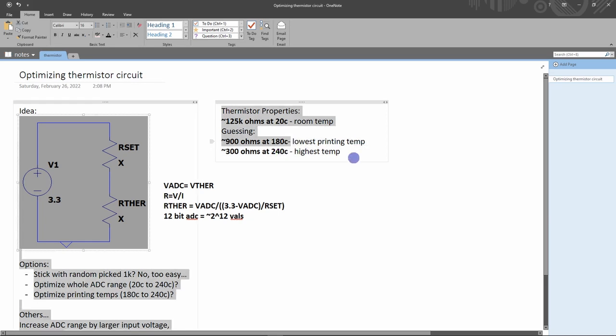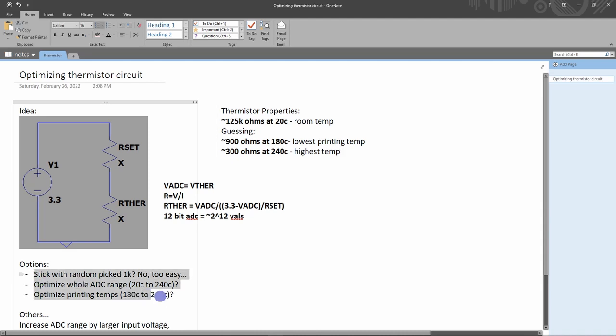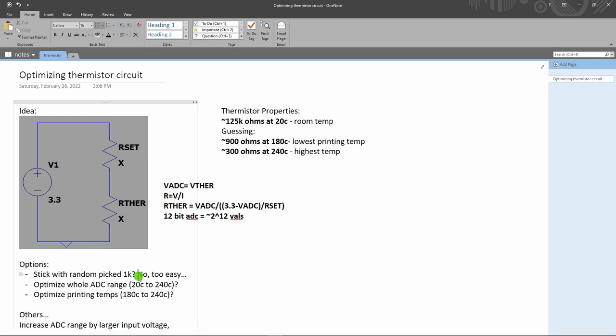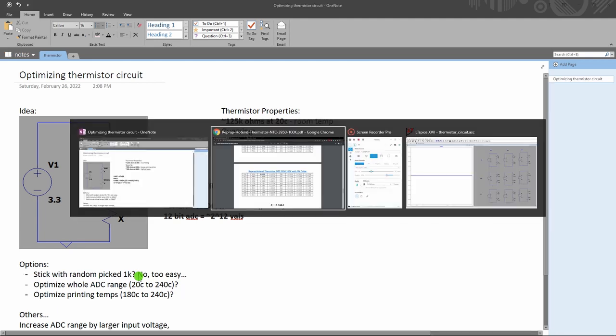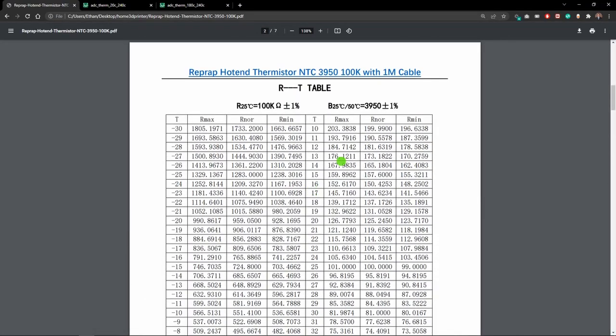So using these two, we have a couple choices about how to pick our resistor. One is just sticking with the 1K. That's kind of too easy. It's not going to give us a very accurate reading as we tend towards the higher temperatures, because as you see here, the lower temperatures change a lot.